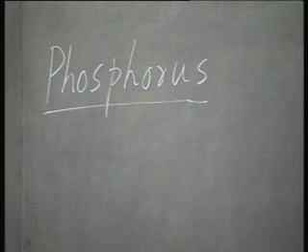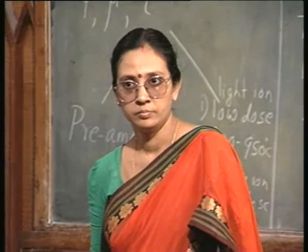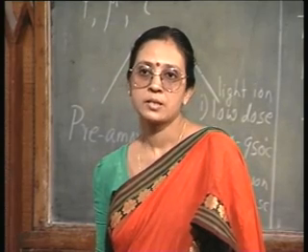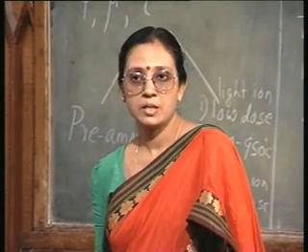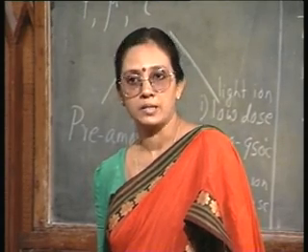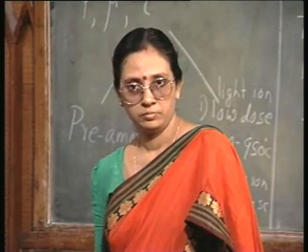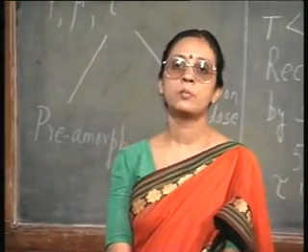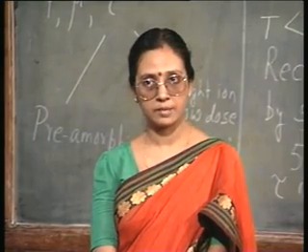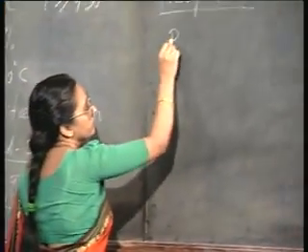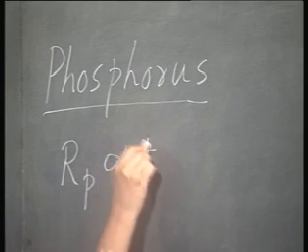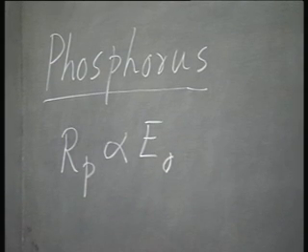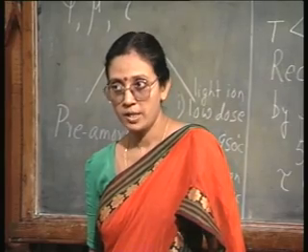Phosphorus is a relatively heavy ion. So, it loses its energy primarily by the nuclear stopping mechanism. And therefore, the projected range should be proportional to the incident energy. Remember, for nuclear stopping, Rp is proportional to the incident energy, for electronic stopping it is proportional to the square root of the incident energy, right.